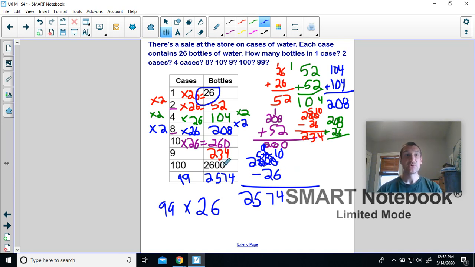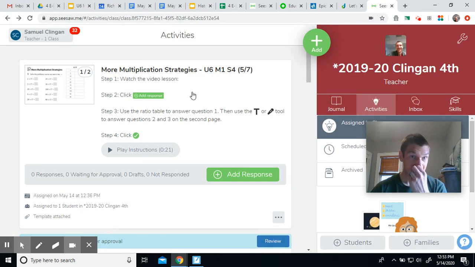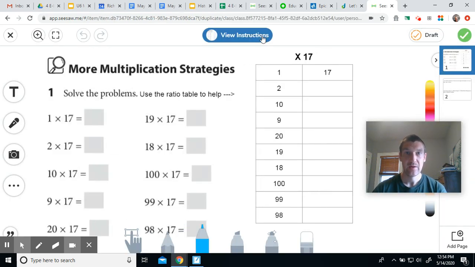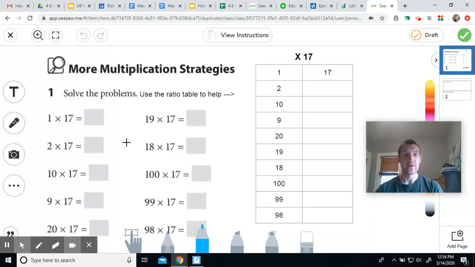Okay? So let me show you what you can be doing today. In the Seesaw activity, you're going to click Add Response. So I'm going to do that. I'm going to be the sample student. Remember, the instructions are always up here if you want to see or listen to them. So it says, use the ratio table to answer question 1. So here's the first question.